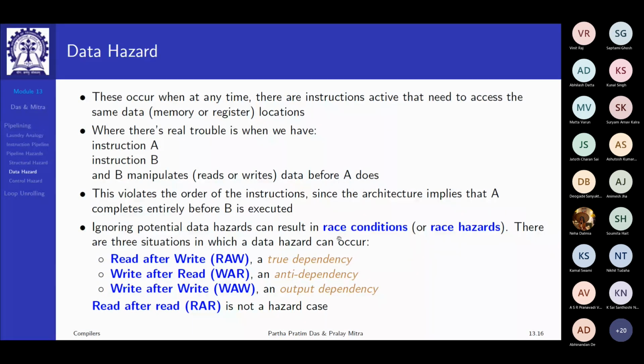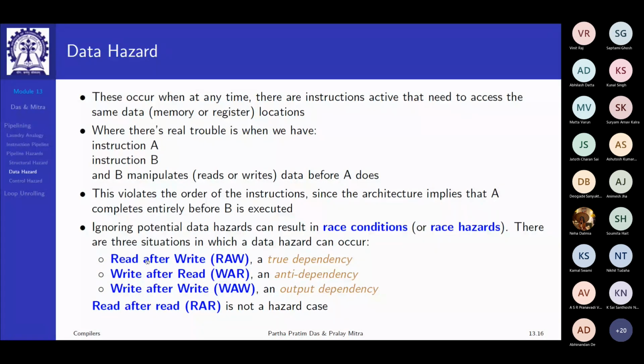If we ignore that, then we could have race conditions or race hazards. That is, data is read before it is written and so on. As you can easily see, A can read or write, and B can read or write. So naturally, you have 4 combinations.